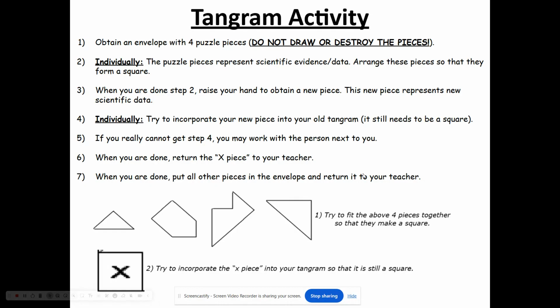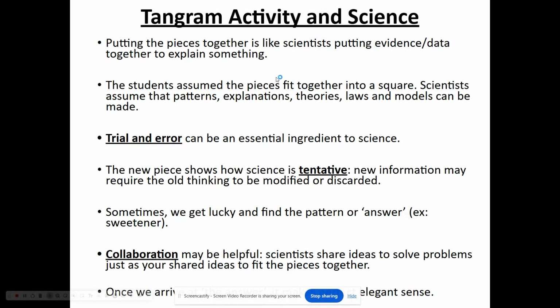And the idea is that this tangram activity connected to the different characteristics of science that we saw. So how did the tangram activity connect to the different characteristics of science? Well, first of all, the pieces themselves acted like evidence or data that scientists would collect to learn about the world. So it relies on evidence.